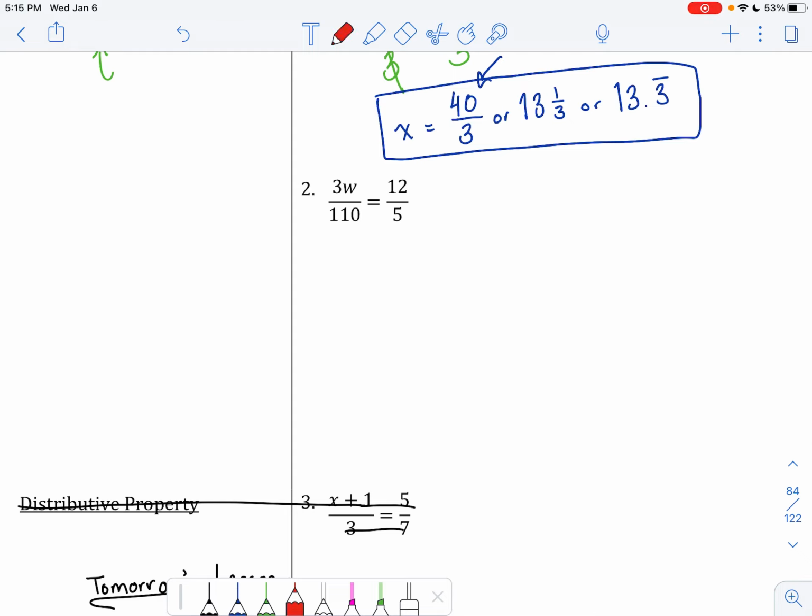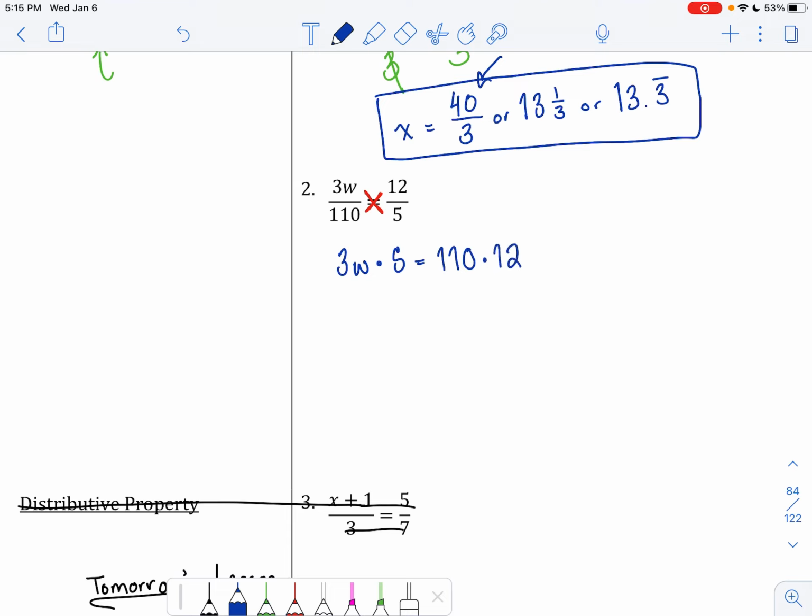Now this also works if you have other things multiplied in there, so not just a variable. So I'm still going to cross multiply here. So 3w times 5 is equal to 110 times 12.